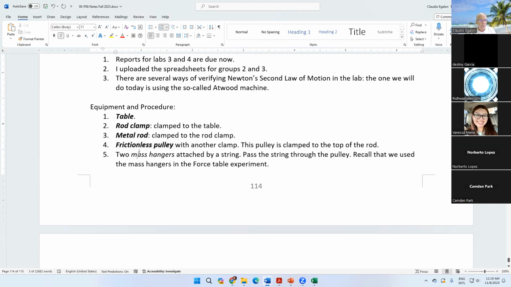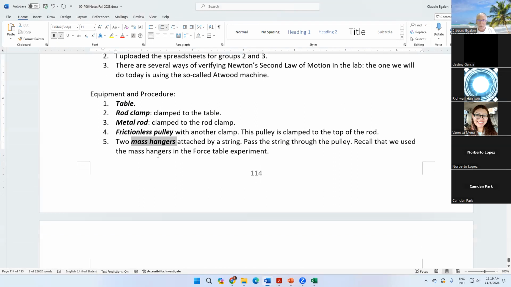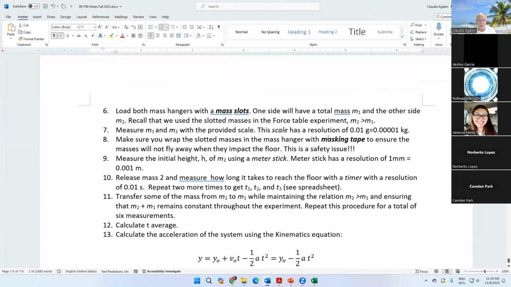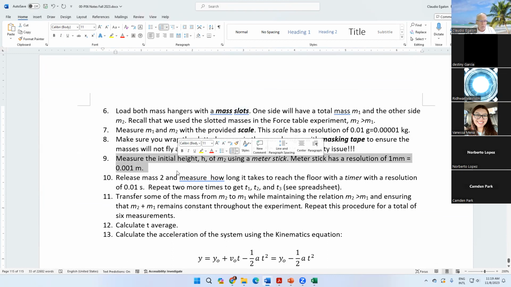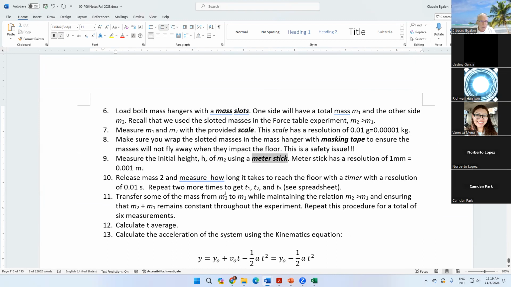There's another clamp, mass hangers, mass slot, scale, masking tape. What else? Meter stick. Timer.